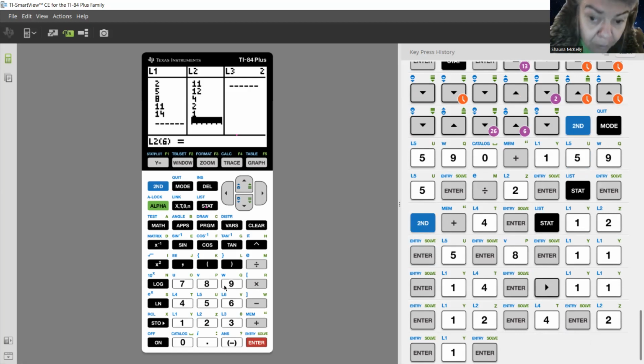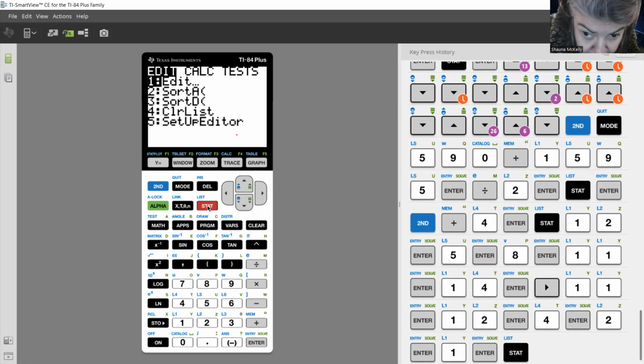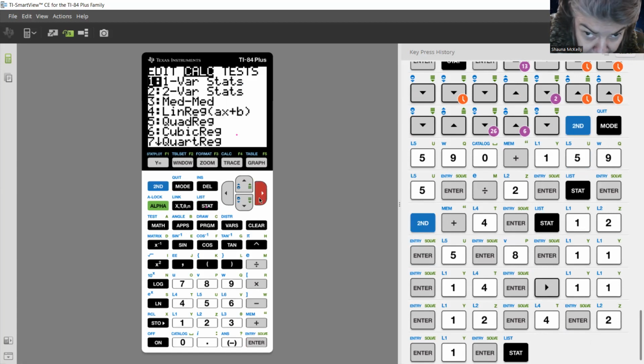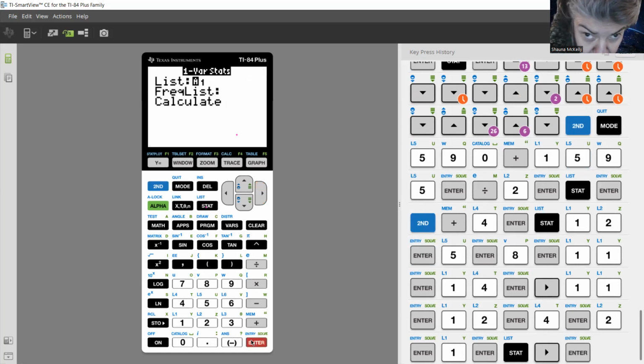Now, I'm going to go to stat, going to go to calc. I'm going to go to 1 var stat, enter. This time I'm going to have my list as L1, which it already is. But when I get to frequency list here, I want to enter L2 as my frequency list.